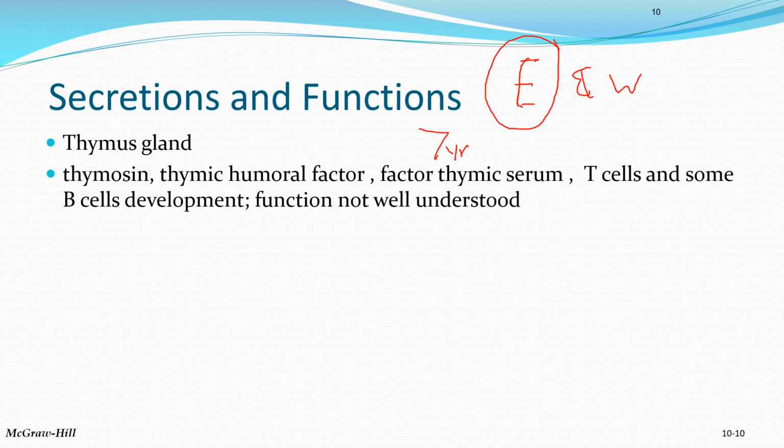Thymus. Where's your thymus? Point to your thymus. Where did I say your thymus was? Right above the heart. Right? So it makes immune cells, thymosin, other immune cells. When you're a kid, do you have a good immune system or a bad immune system? Brand new baby. No, it's actually really, really, really strong.